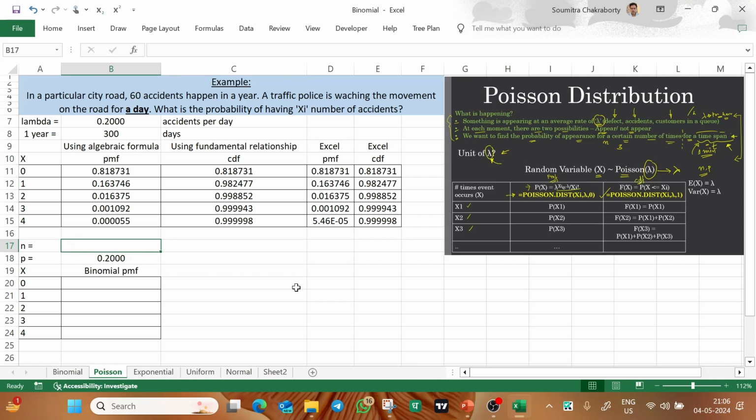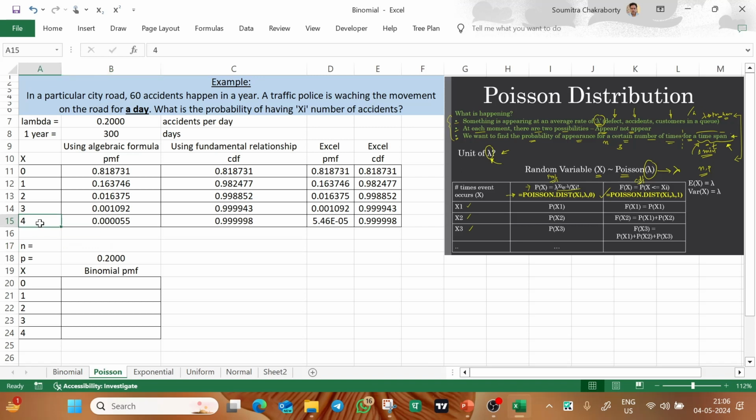Suppose n is equal to 5, then x cannot be more than 5, right? Suppose you are tossing a coin 5 times, then the number of times heads can occur cannot be more than 5. So the value of x cannot be greater than n. That is another difference between binomial and Poisson. So remember that.